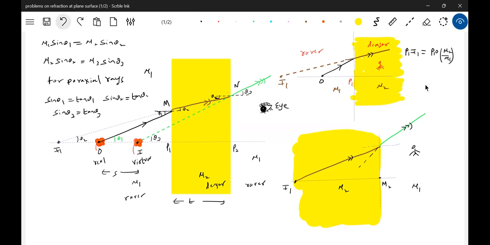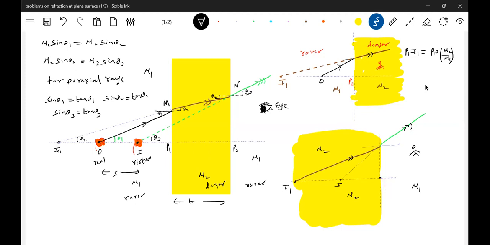Not like denser, rather, it depends on which medium you are viewing from. I'll write this as I. Rather than denser, it is better to call them mu2 and mu1. That will be a better approach here.